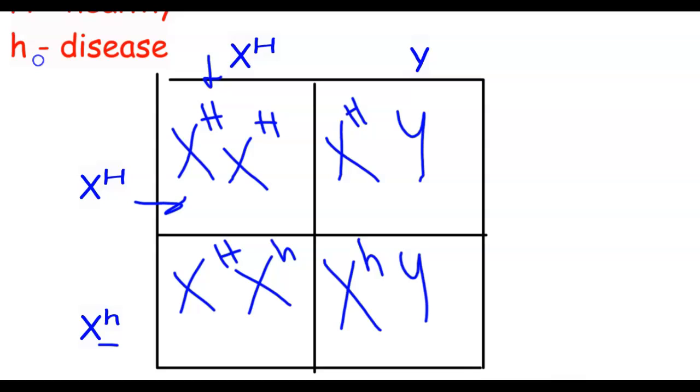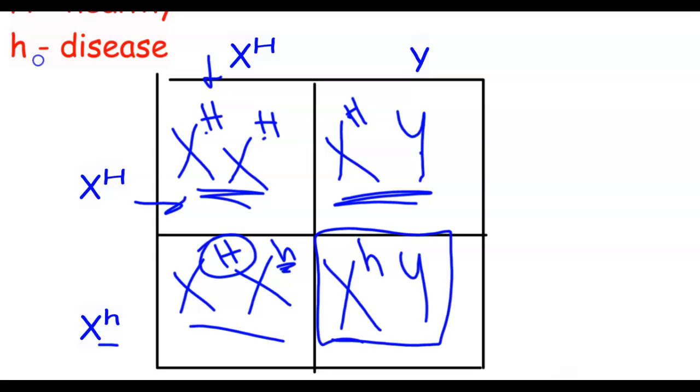What are our children? We have a girl with 2 healthy forms of the X, so perfectly healthy, normal. We have another girl here. The healthy form is dominant and it takes over. So this person has all of the right genes they need. They're totally healthy in their phenotype. They're carriers of this situation. The first boy up here, XY's boy, has the healthy X chromosome. Everything's fine and totally normal. This boy, however, got the unhealthy form.